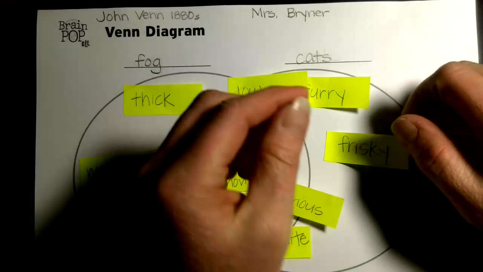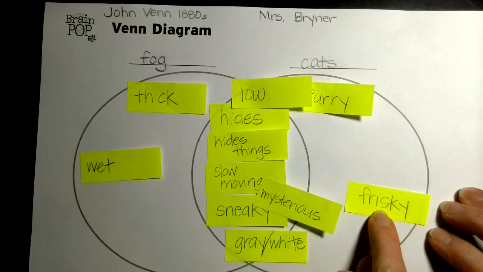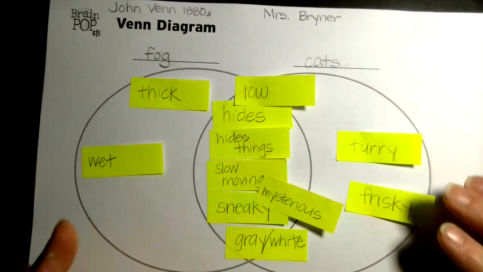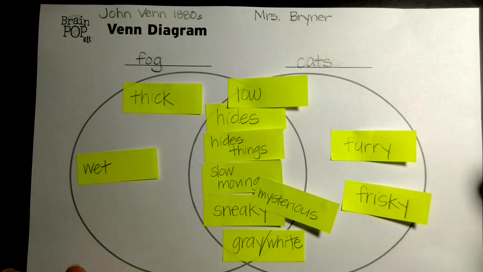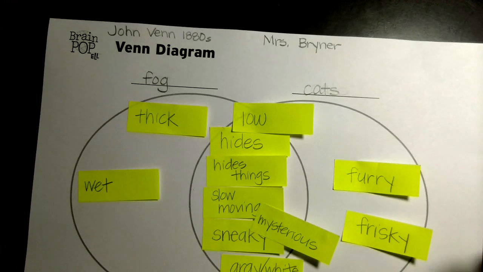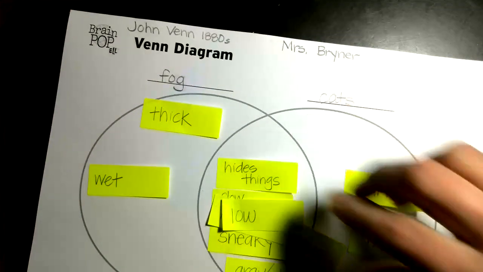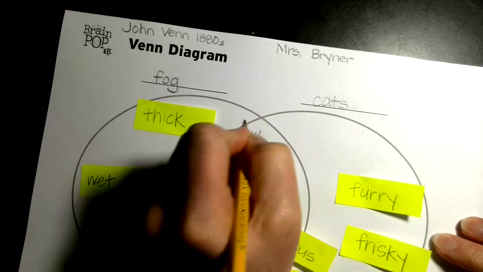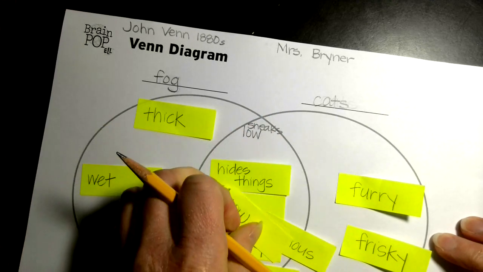If these are kind of loose, before you turn this in to your teacher, take a little bit of glue and glue these on so that they're not falling off. Glue them on where they belong. Or if you would rather move the Post-it notes and just write the words in, here I could put sneaks low to the ground.